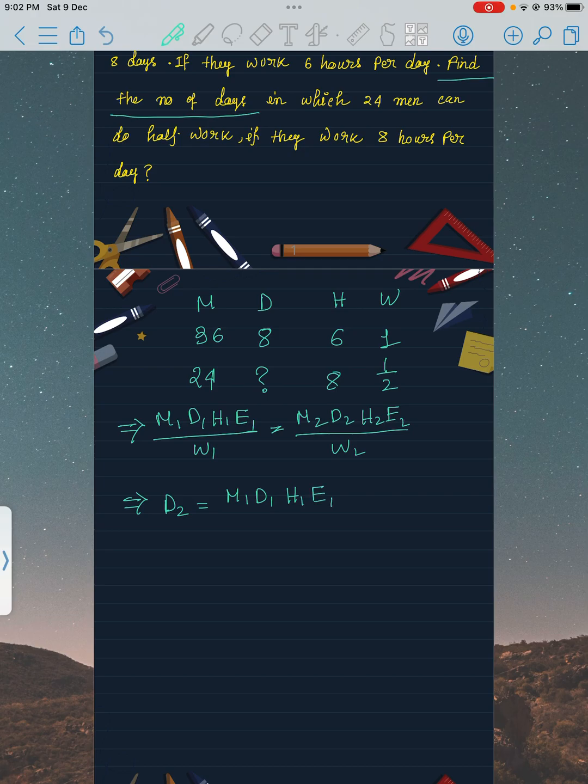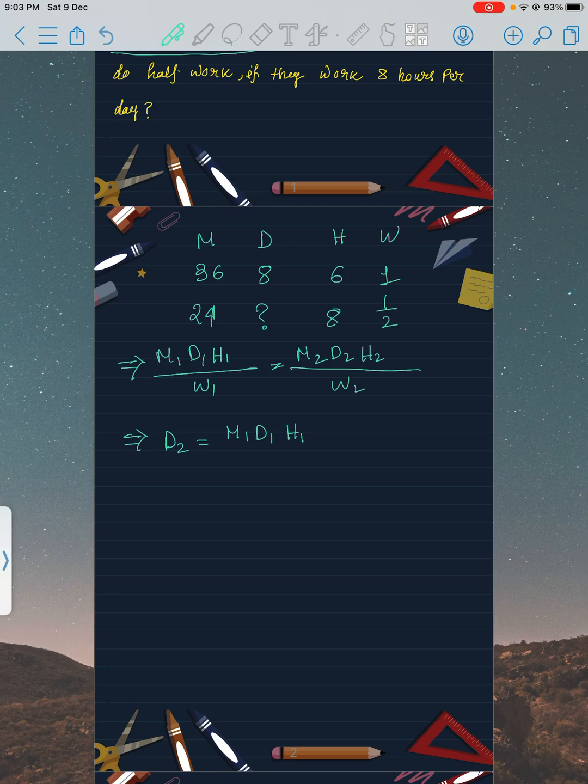Oh sorry, even the terms which are not needed I will cancel it out. Okay, so let me use this eraser. m d h w, e is not needed, so e go. So d2 is m1 d1 h1 w2 divided by w1 m2 h2.